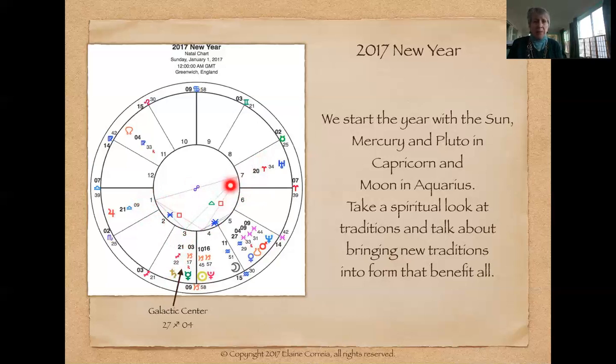And that makes for an interesting dynamic, because Saturn is about figuring out what's going to work and sifting through all the ideas, all the dross, and figuring out what is actually going to sustain, what's going to withstand the test of time and the test of functionality.